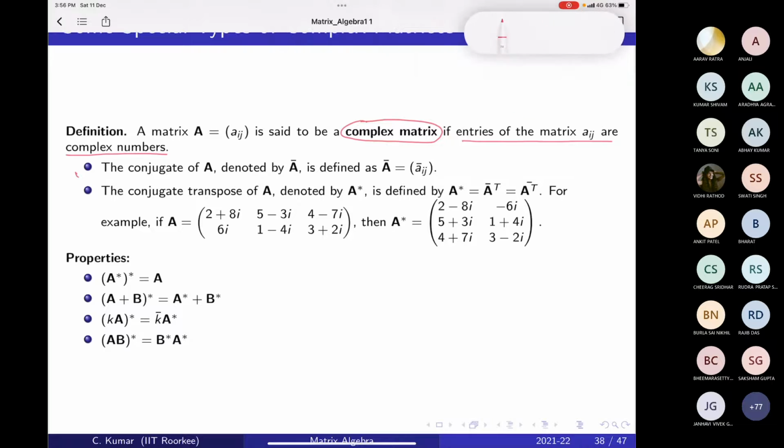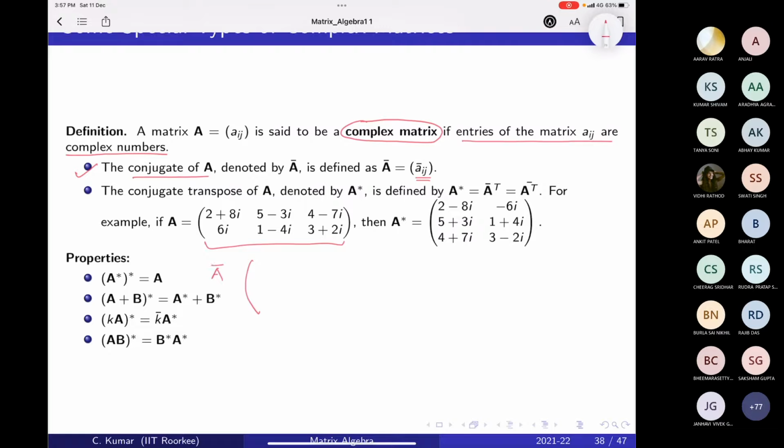For the complex matrix, we can define the conjugate of A by taking the conjugate of each of the elements. For example, if I have this matrix and I want to define its conjugate, you consider each and every element.